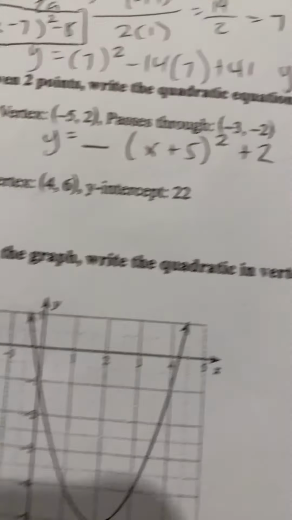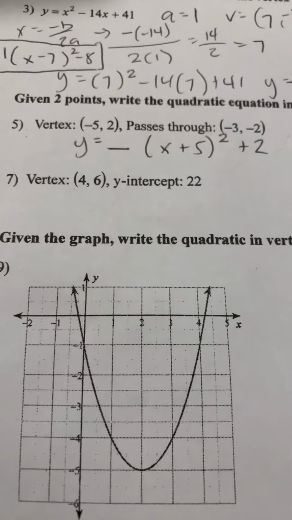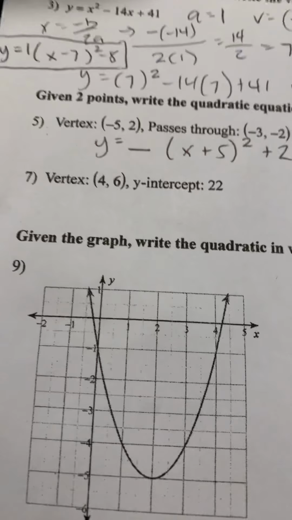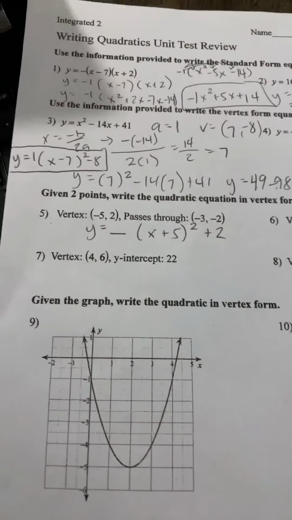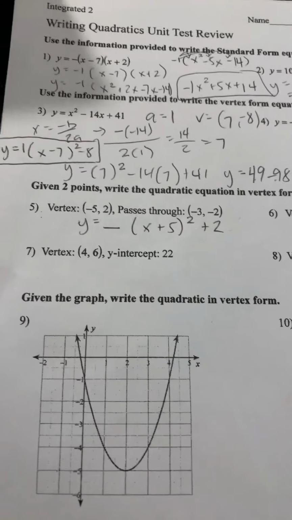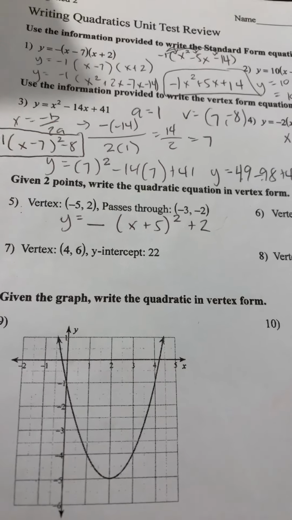Number 6, very similar. The only difference is instead of another point, they gave you the y-intercept, which is really the same thing. You just need to rewrite it as a point. So let me write down some information.